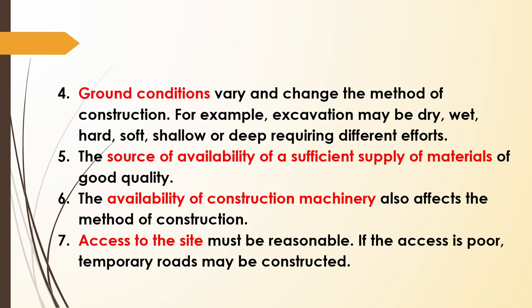So that will increase the cost of construction. Source of availability of sufficient supply of materials: if rock is not there in a particular area, but we need to make a rock building, then we have to transport the rock from a different area to that place, so the transportation charges will be there. So all these are the factors which affect the estimation.